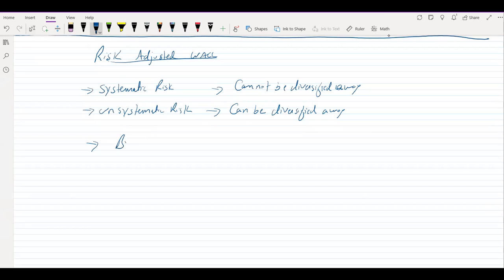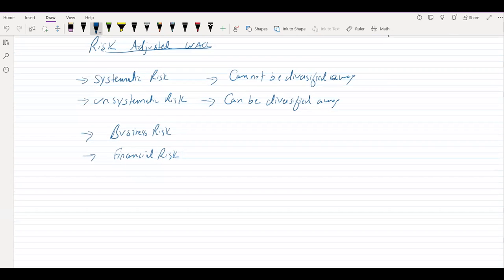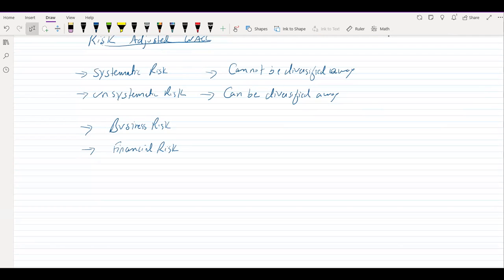फिर you should have a knowledge of business risk and financial risk. Next, you should have a knowledge of beta asset, that only includes business risk.